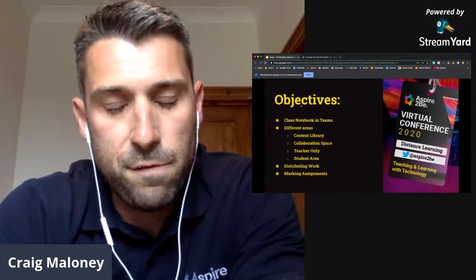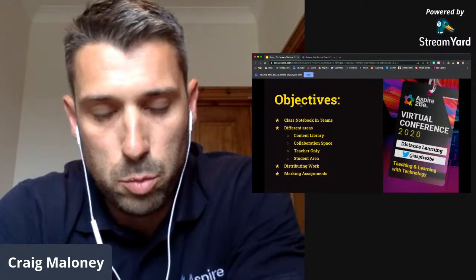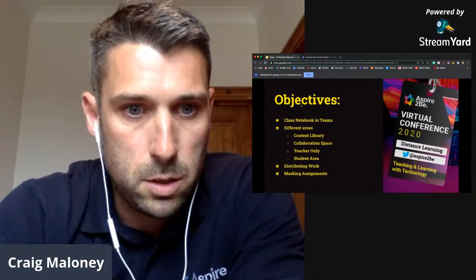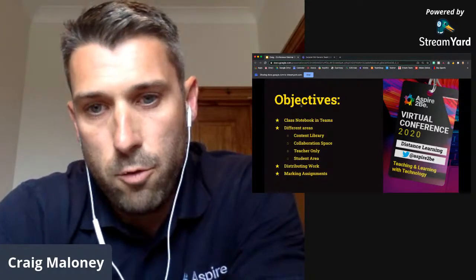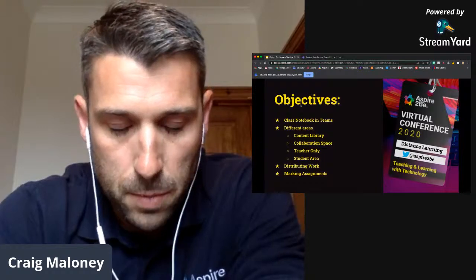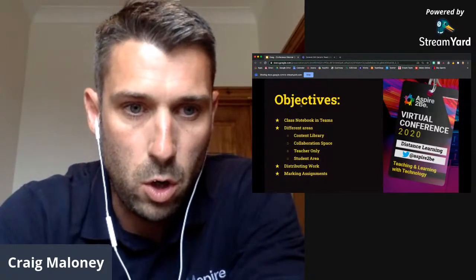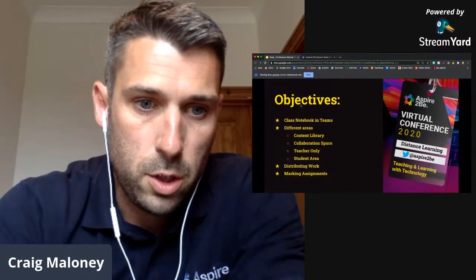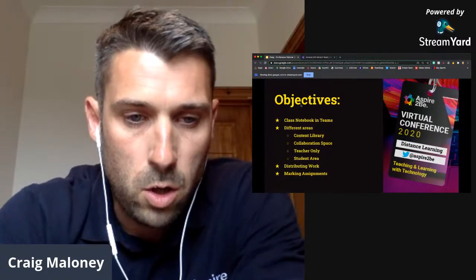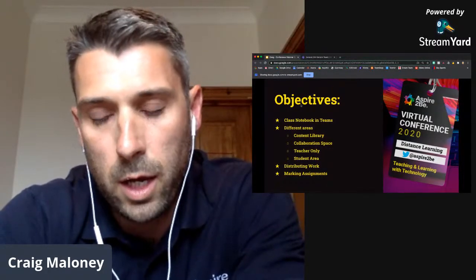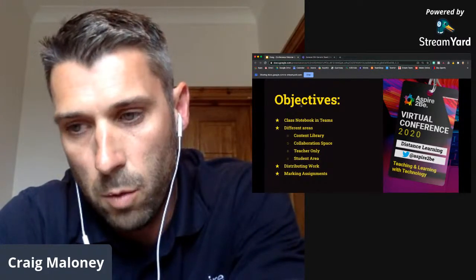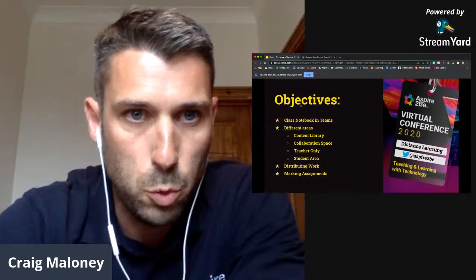Then we're going to look at the different areas within a Class Notebook, which are the content library, collaboration space, the teacher-only area, which is pretty new in the last 6 months, and the student area, and how they all differ. We're also going to touch on distributing the work or assignments, and also looking at marking or different ways that we can view and mark or add comments to the students' work.